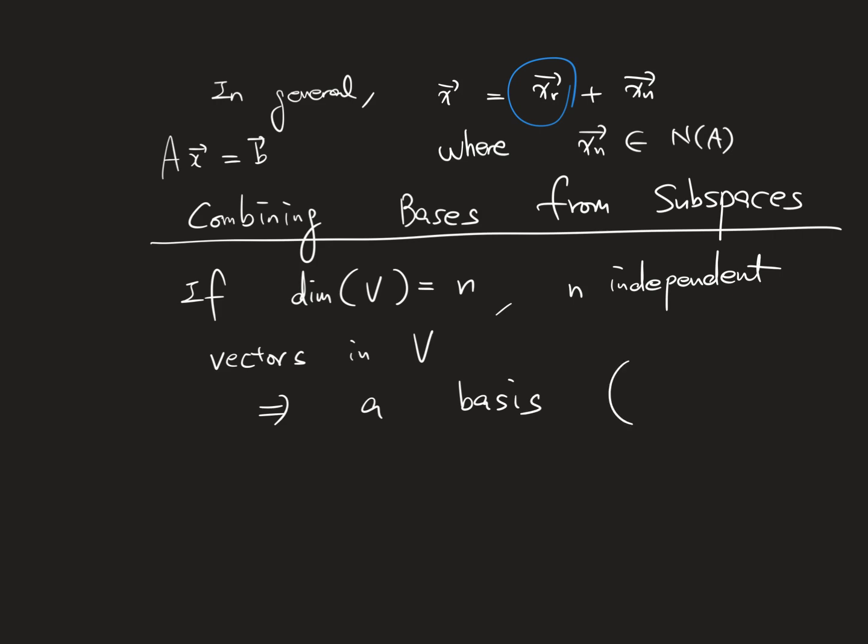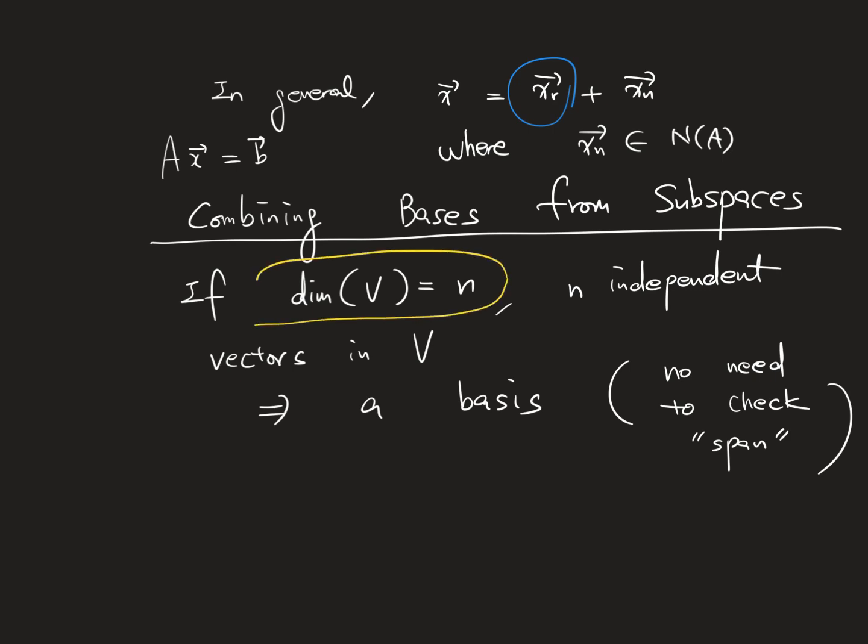No need to check whether the vectors span the vector space or not. We don't need to check, because in this case we know the dimension already. If we know the dimension already and we have n independent vectors, we don't need to check whether they span the vector space or not.